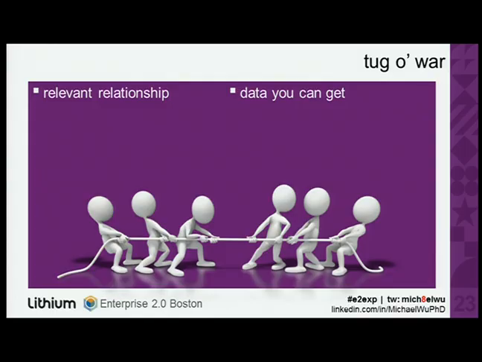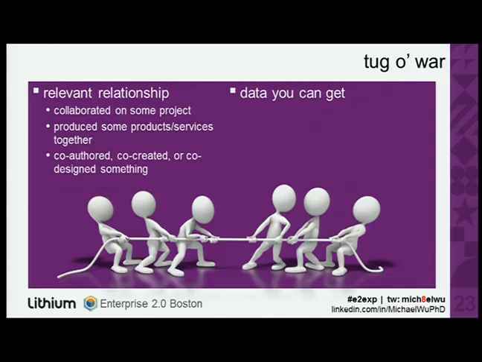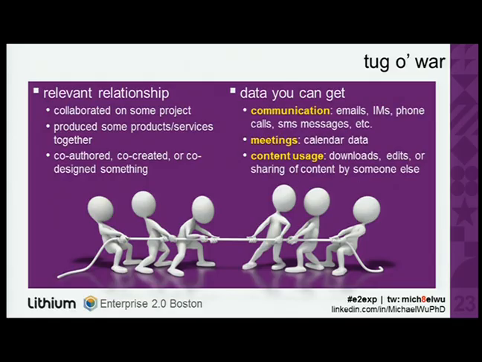The relevant relationship that you care about is usually something related to collaboration, such as collaborating on some projects, producing some product and services together, designing something together, or co-creating something. But you don't always have data on that. The data that you can actually get are these types of data.